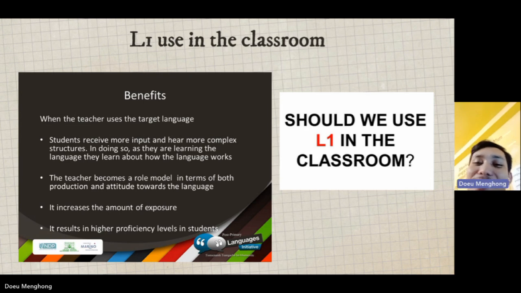That's why we still see that using the target language is the priority that we need to apply in the classroom. But in this case, we also need to know what benefit we gain by using L1 in the classroom too. So let's go then.